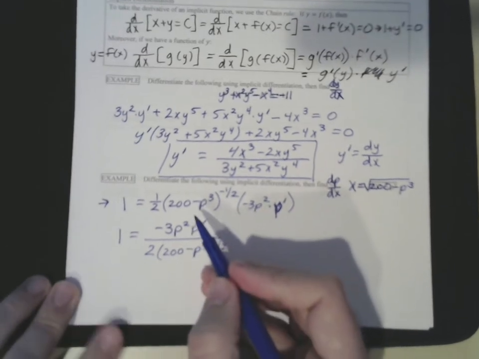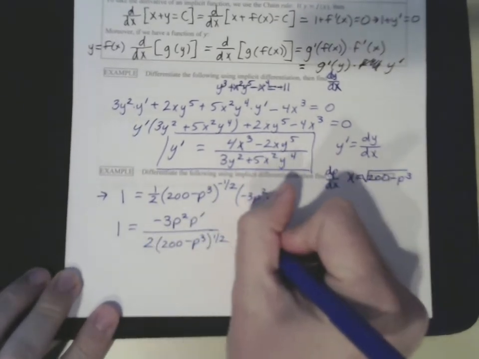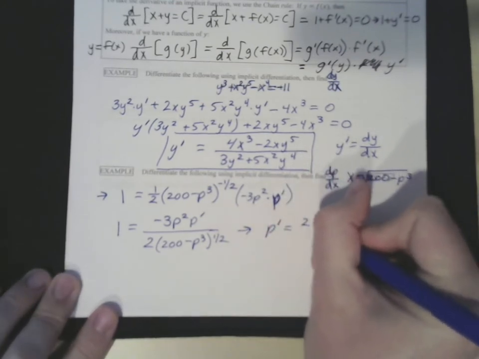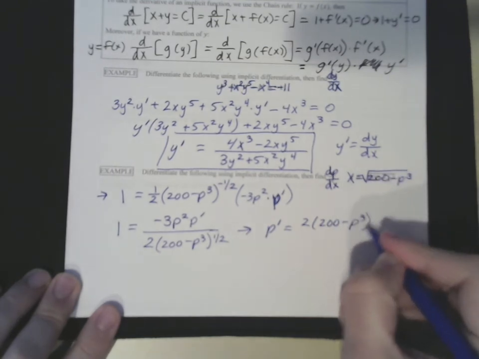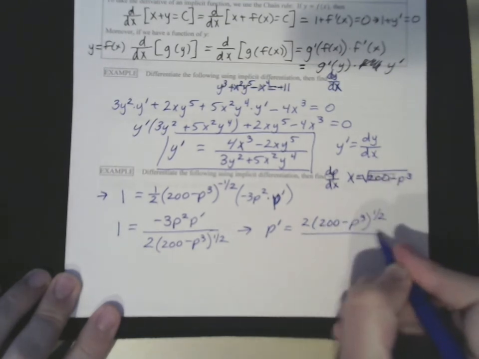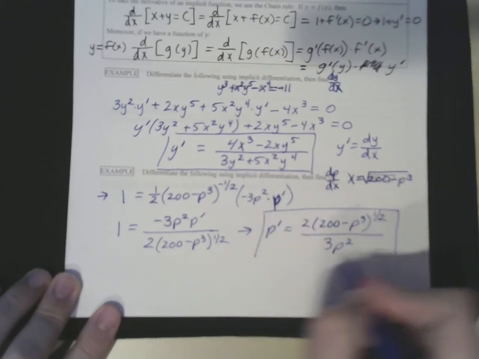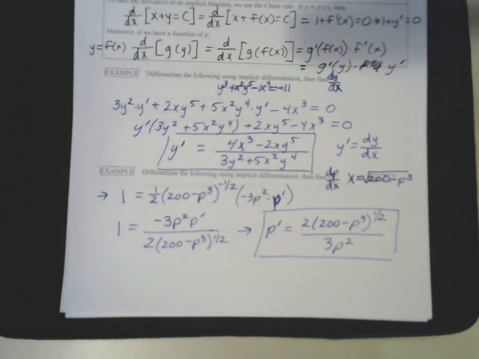And then solving for p prime, we're going to multiply by the denominator and divide by what's left in the numerator. So we're going to end up with p prime equals 2 times 200 minus p cubed to the 1/2 over 3p squared. And that's our derivative of that function.